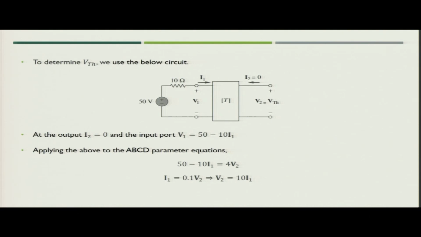Now, the next task is we need to find out the value of VTH. For finding out the value of VTH, the value of current I2 will be 0, because this port will be open circuited, and at the input port, the value of V1 will be 50 minus 10 I1.